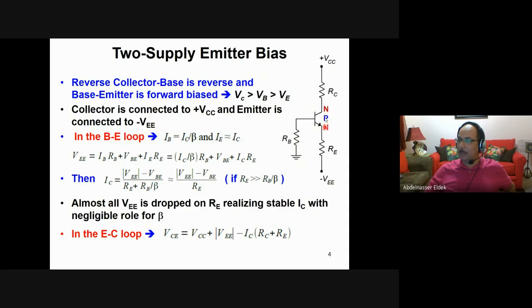Then this VCE between these two points equals VCC plus VEE minus the voltage here minus the voltage here. The voltage on RC is IC times RC. I know IC. And the voltage across RE is approximately IC times RE. Then in this case, I can calculate VCE. This is the equation for VCE, and this is the equation to calculate IC from the first loop, as I explained.